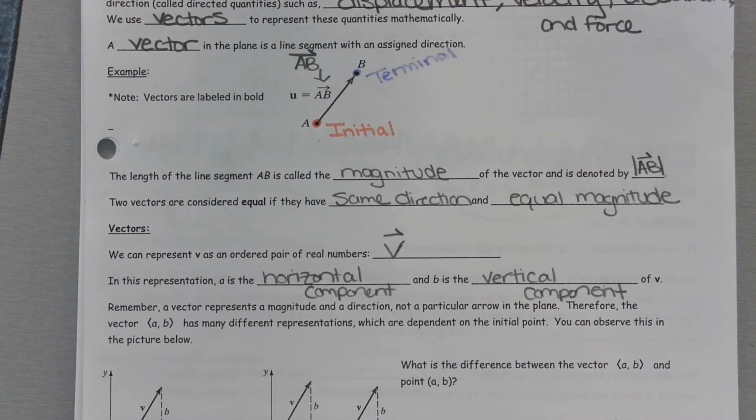The A was our real number, and the B was the coefficient in front of our imaginary part. We're going to have A and B again. The notation is going to be just a little different. Look down below. It looks like this instead of what we've had, so not parentheses, but this symbol. A is going to represent the horizontal component, and B is going to represent the vertical component of our vector.